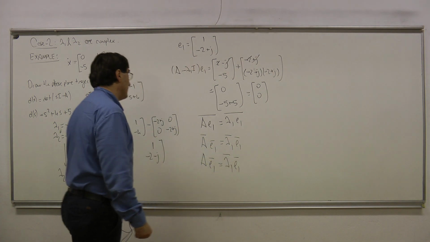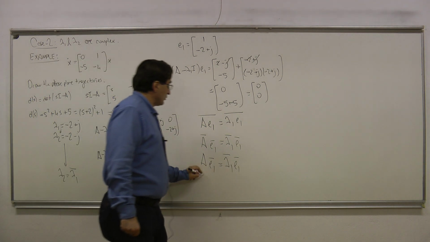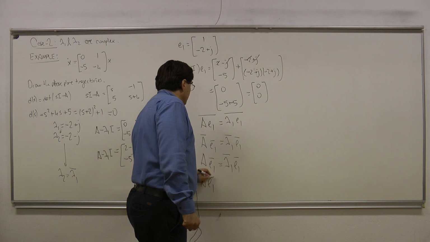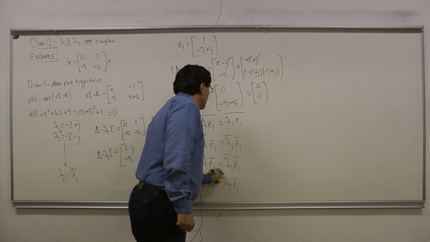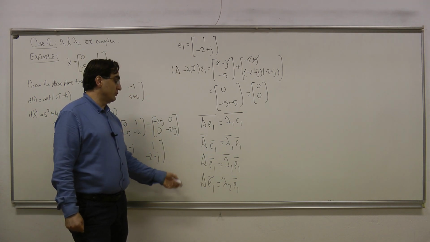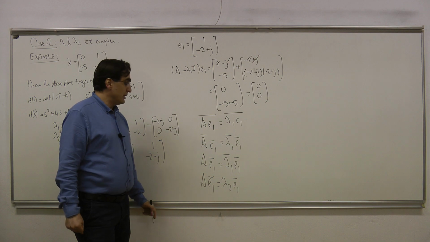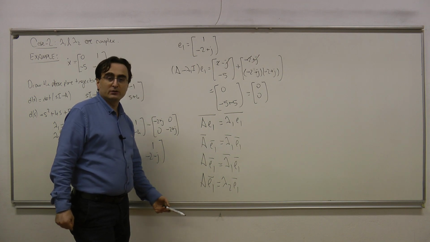But I know that lambda 1 complex conjugate is nothing but lambda 2, okay? So I have A times E1 bar is equal to lambda 2 times E1 bar. So you see that this is the eigenvector equation for the second eigenvalue, and I see here that the corresponding eigenvector should be E1 conjugate, okay?